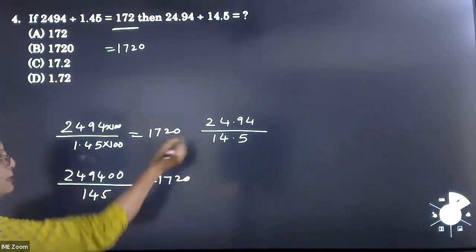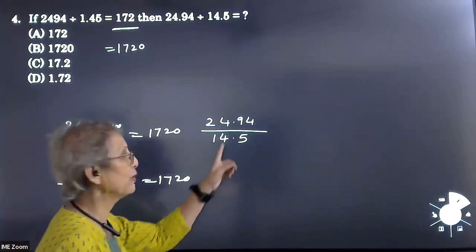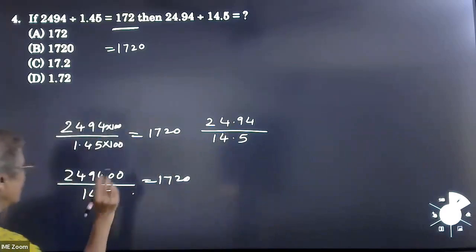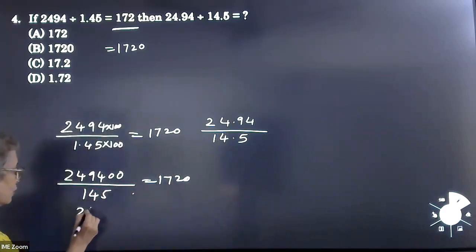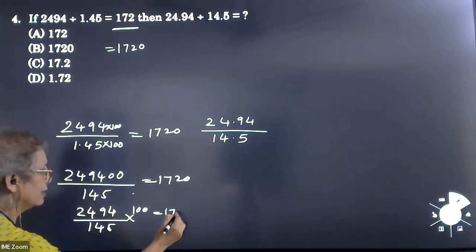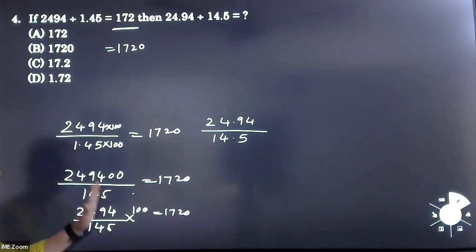Okay. Now here what we will do? First of all, make them like fractions. Now we are going to use the same thing over here. One more thing. 2494 upon 145 into, say, 100. Let us do 100 like this. Okay. So this is nothing but 1720. Or keep it like this.